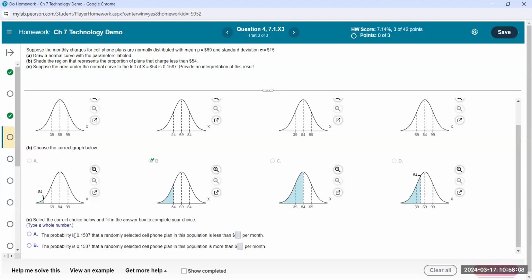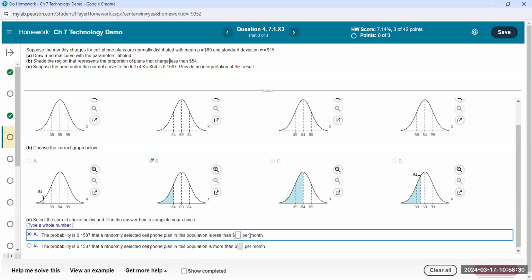So the probability is about 16% that a randomly selected phone plan in this population is less or more. Well, we were doing the case that was less. So look for those context clues. Here it says less, never said more. So for sure, I know at least which choice it is.